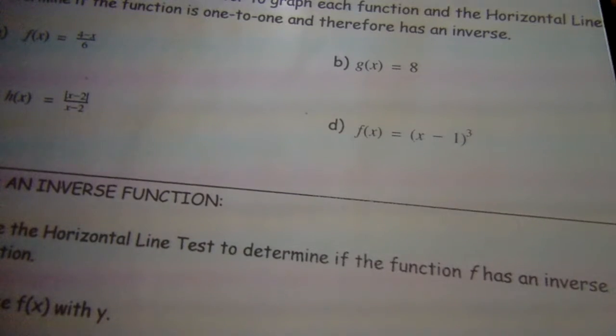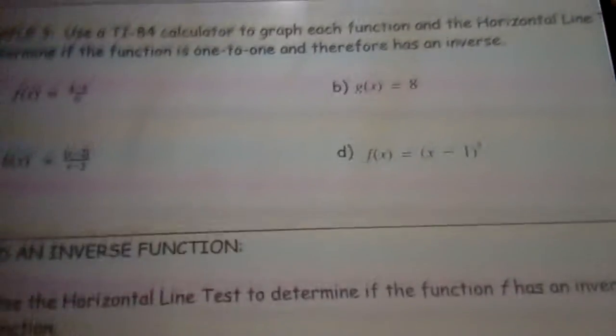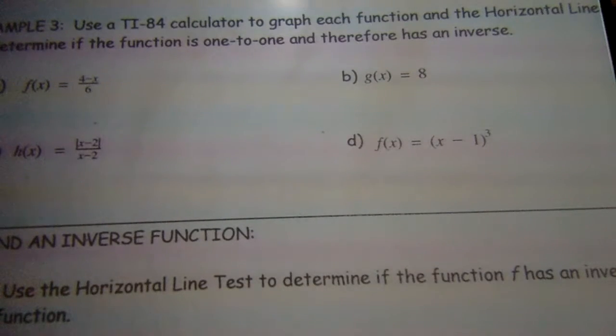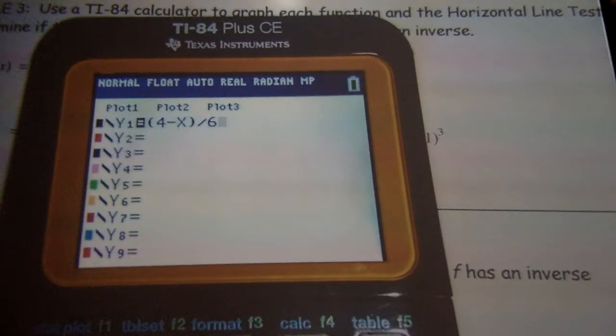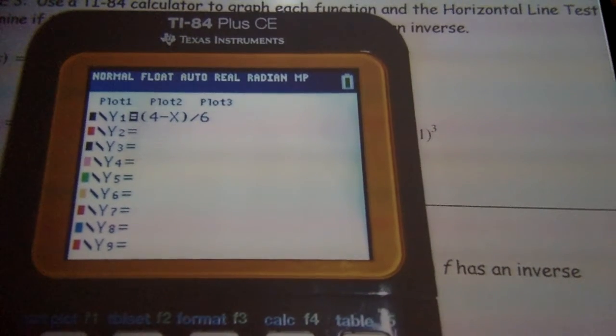Use a TI-84 calculator. So we're going to graph these on your calculator. Make sure you clear out all your y's. And graph 4 minus x divided by 6. Make sure you put that 4 minus x in parentheses.